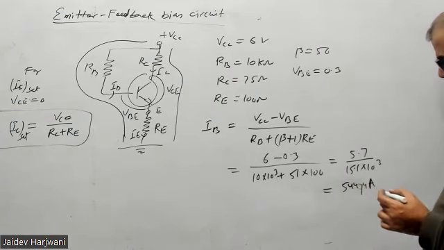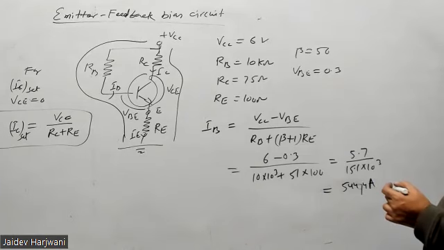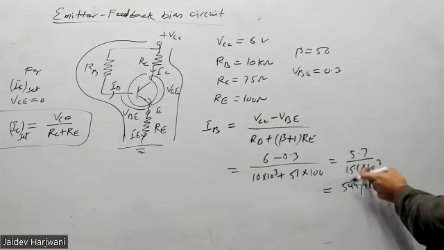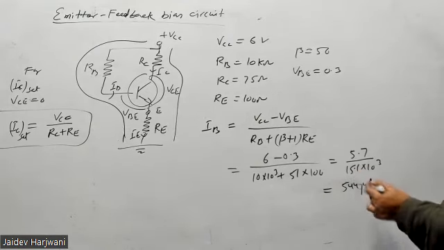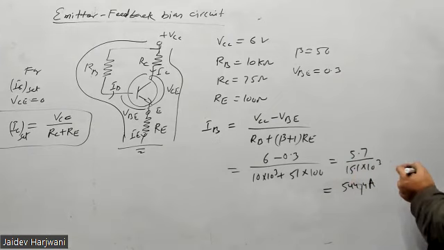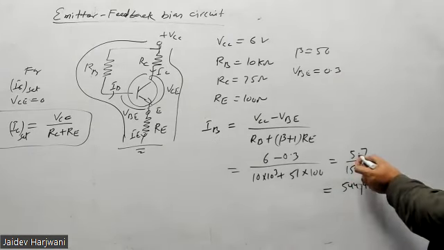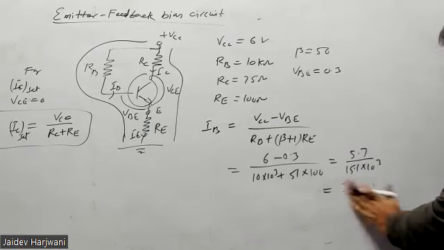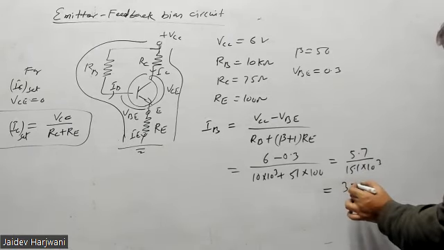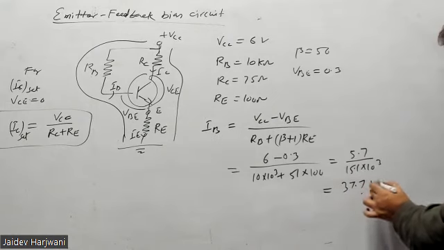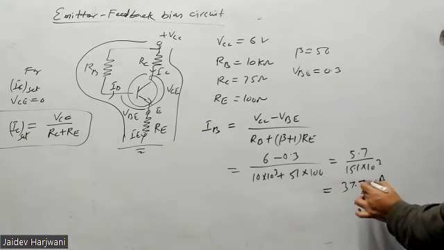Other student, please tell me. No, how can it come to 0.011 milliampere? Tell me in microampere. 5.7 divided by 15.1, how much will it come? 3 point something. 37.7 microampere.